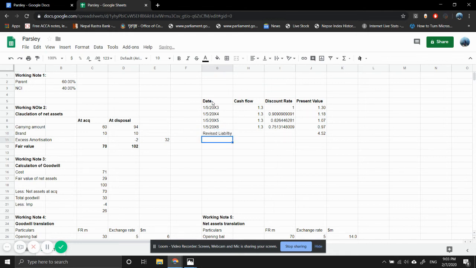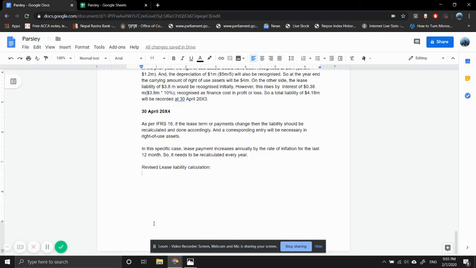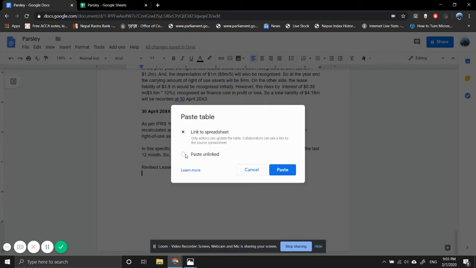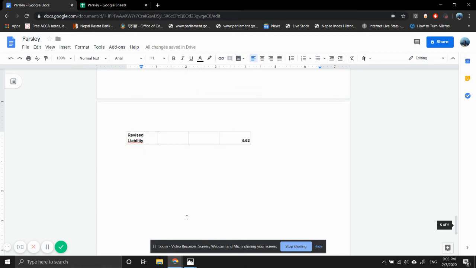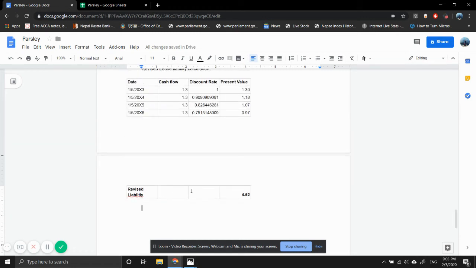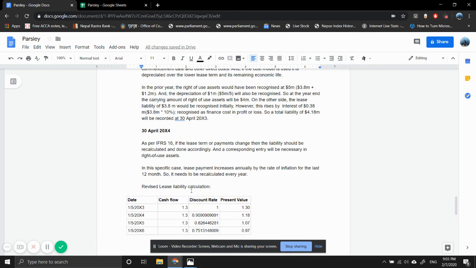Revised liability, right? How much was our earlier liability? It was 3 point something, right? Nope. How much was our liability? It was 4.18.